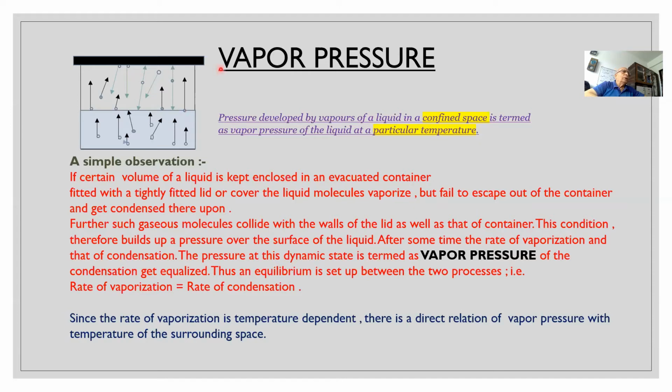And if there is an open space, not closed, mind it, the figure represents a closed space because we have to discuss vapor pressure. But had this been open, what would happen? All those particles in gaseous form will get out. And that process is known as vaporization. It occurs in a confined space.